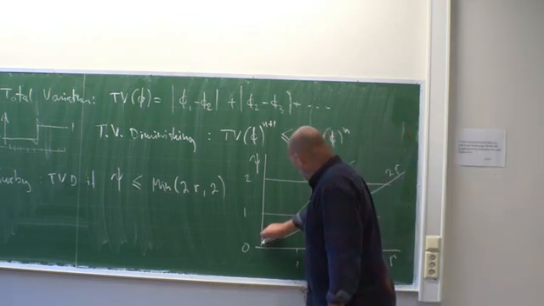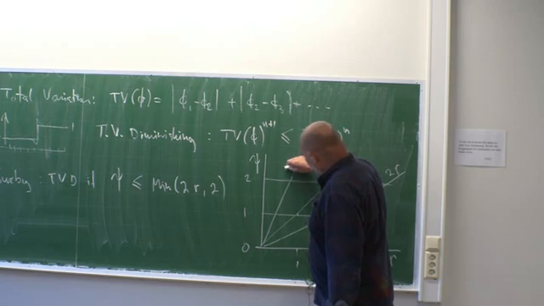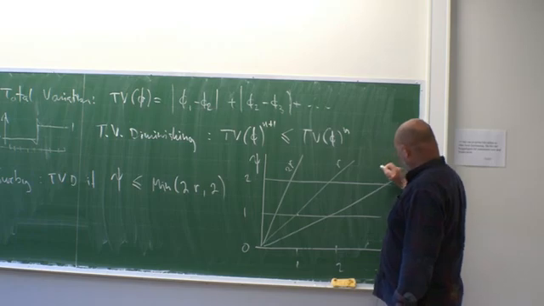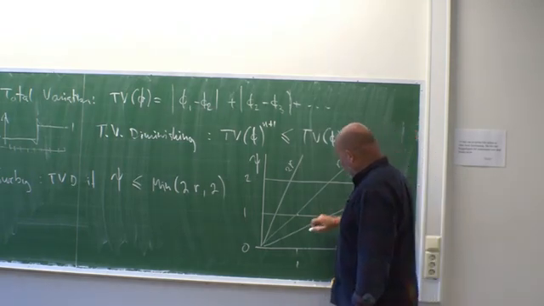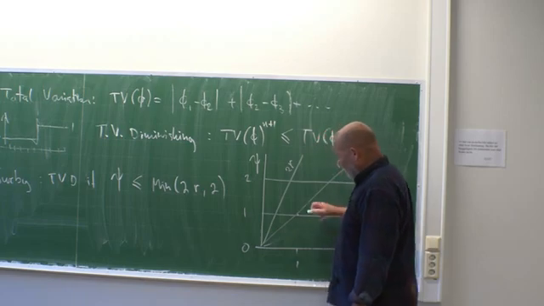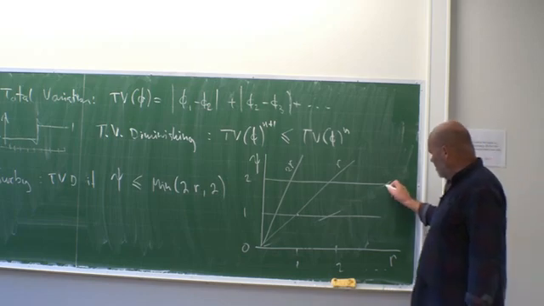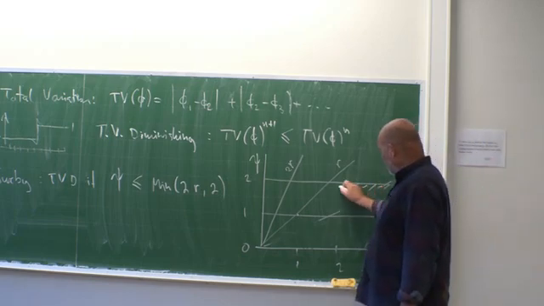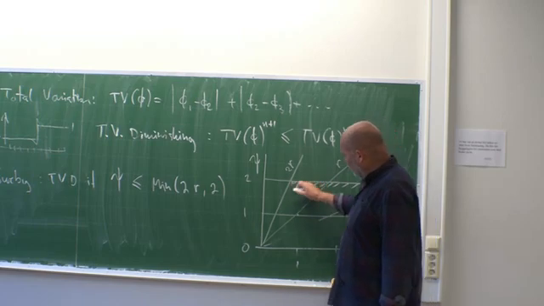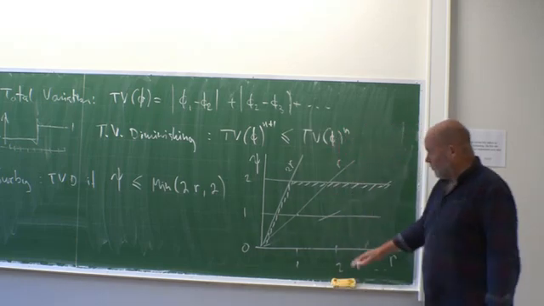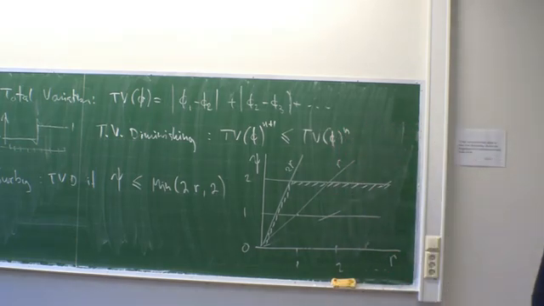It must be here. Thank you. Here we have 2r. It's much steeper. So this is rubbish. Okay. So the first criterion: stay below 2 and stay below 2r. You have to be down there.